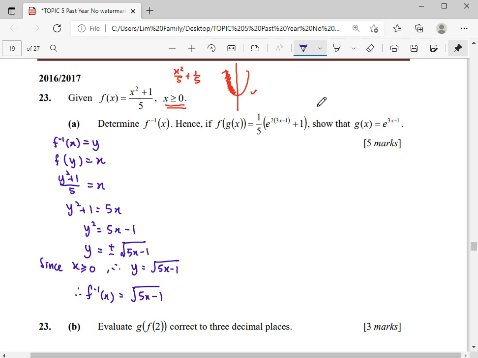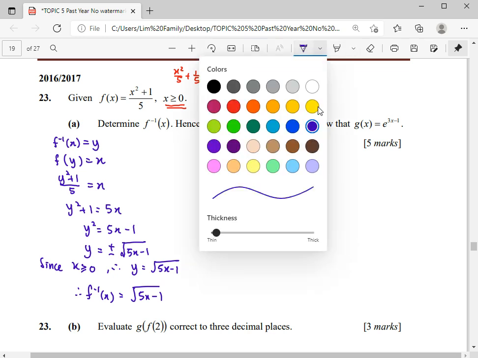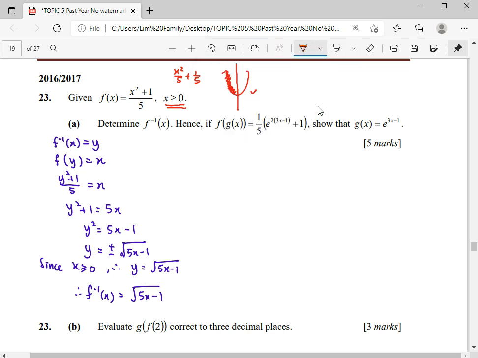So by using our f inverse here, hence, they say if the composite function fg(x) is equal to the given expression, please show that we have a function g(x) equals e to the power of 3x minus 1.